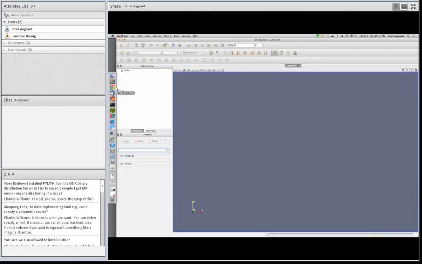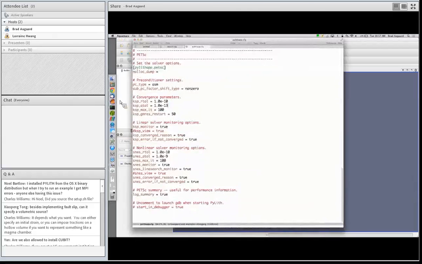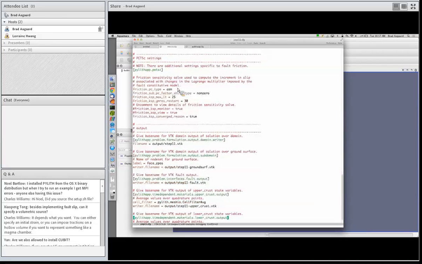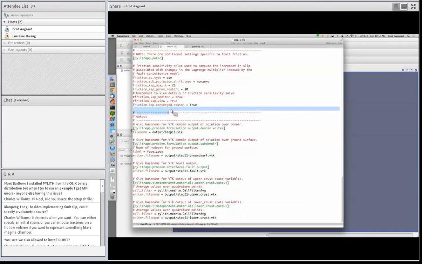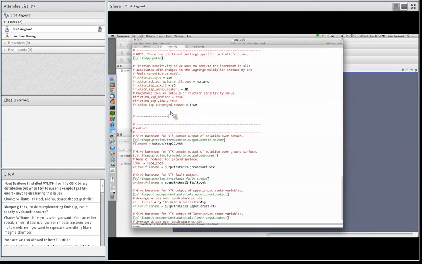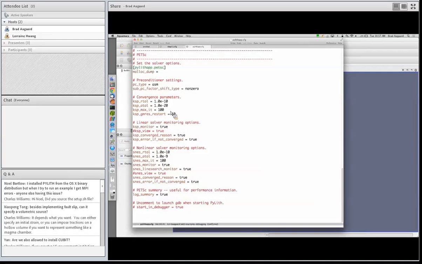Let's see, where was that? So what I actually want to do is I'm not going to change those, but let's use values consistent with what I was advocating we should use.